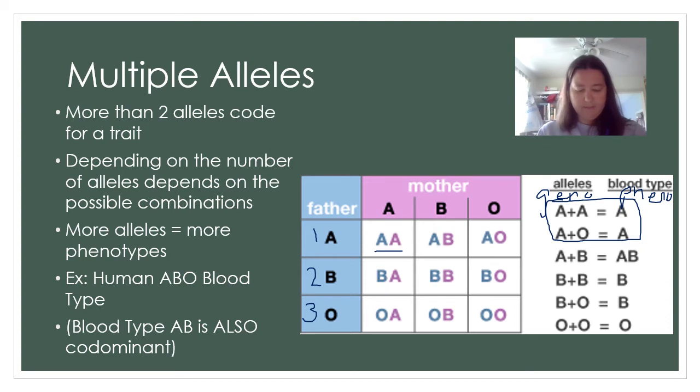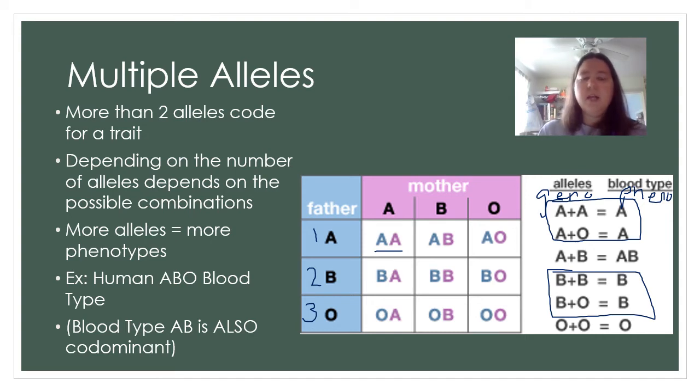And then we also have AB, and then we've got the B's here. And then O. So you can see we actually end up getting 1, 2, 3, 4, 5, 6 different genotypes that result in 4 different phenotypes.